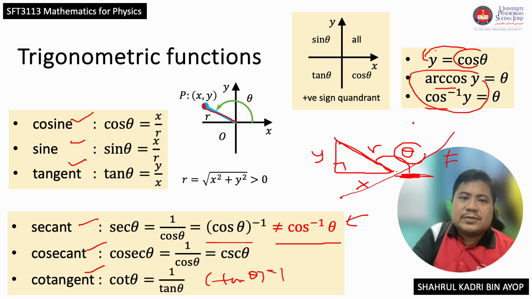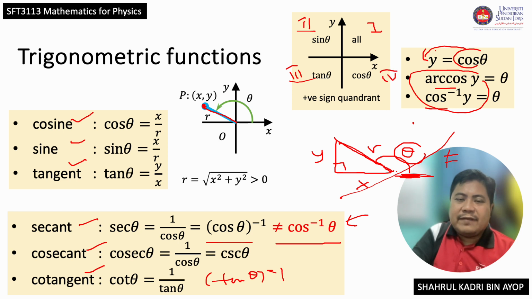For the values of sine and cos theta, the signs take turns depending on the quadrant. We call this the first quadrant, second quadrant, third quadrant, fourth quadrant.